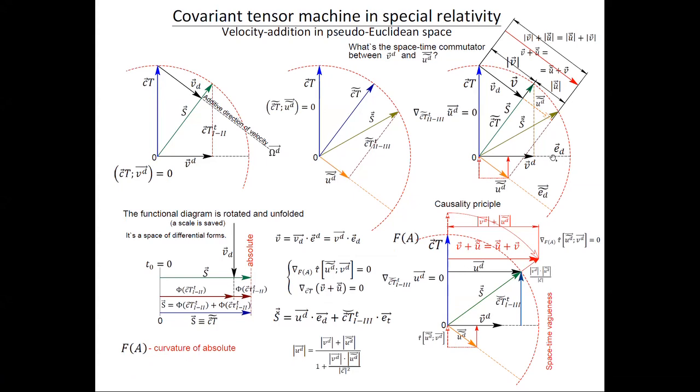At once the next question appears. What is the space-time commutator between the vectors of actual velocities? From the diagram one can see that the construction of a perpendicular from U wave D on the direction ED gives a clear functional of time.